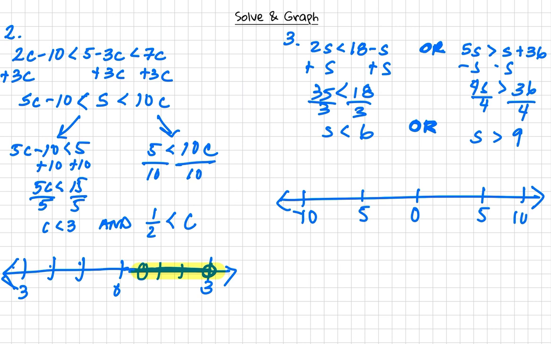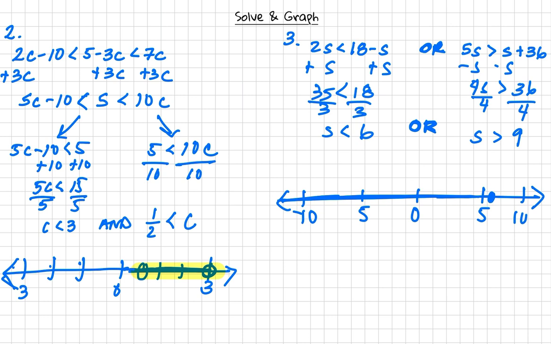So for the left part, s is less than 6. We're going to write down a notation for 6, which is around here. And everything is less than. And then the other one is s is greater than 9.